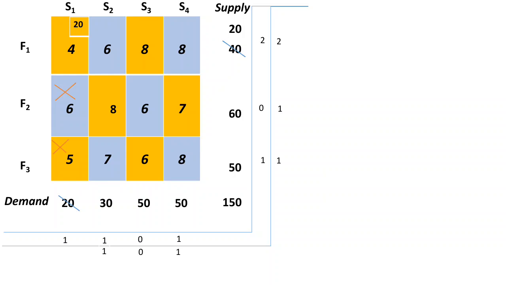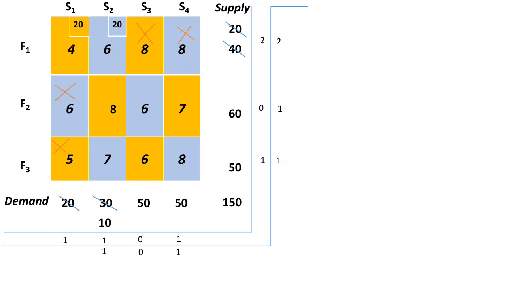So corresponding to 6 you see the supply value is 20 and demand value is 30. So minimum of 2 is 20, so we allocate 20 here, and now we have 10 more demand left at store 2, and now factory 1 cannot supply goods to other stores because the value is 0 in factory 1.